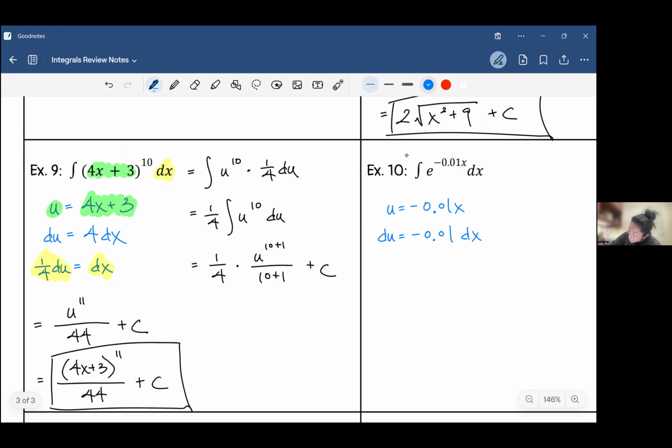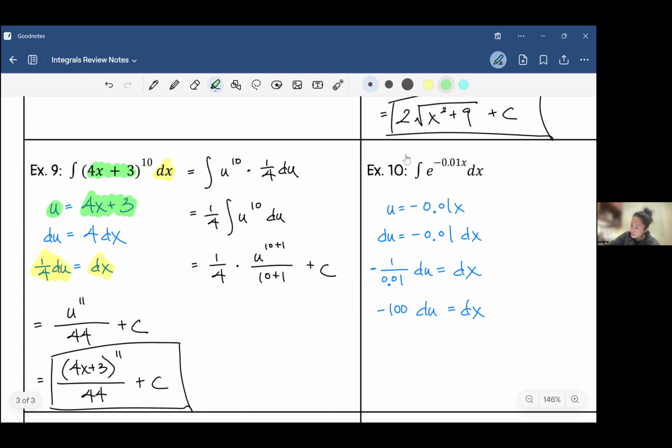And when we do that, we're going to get negative 1 over 0.01 du equals dx. If you'd like, we can turn this into a decimal or into an actual number. If we turn 1 over negative 0.01 into a more simplified version, I believe we will get negative 100 du equals dx.